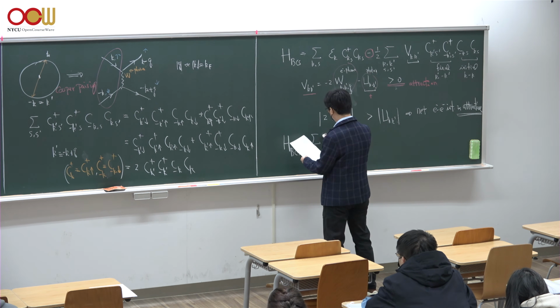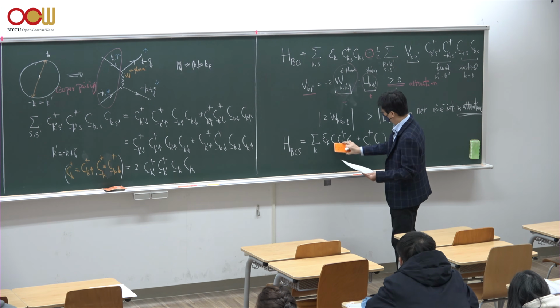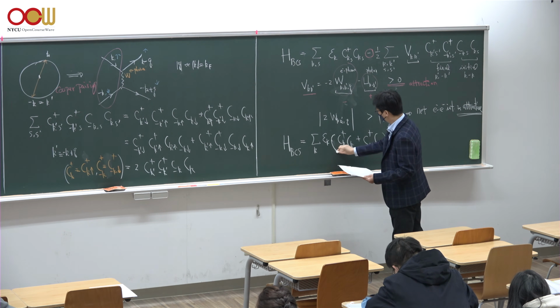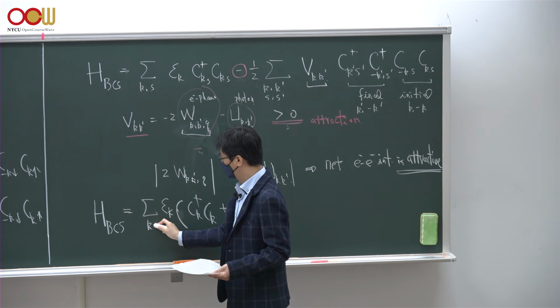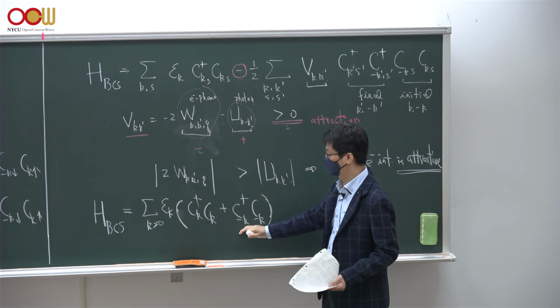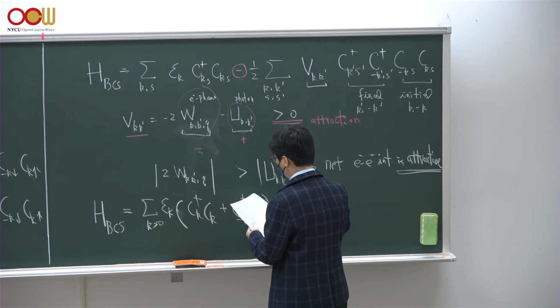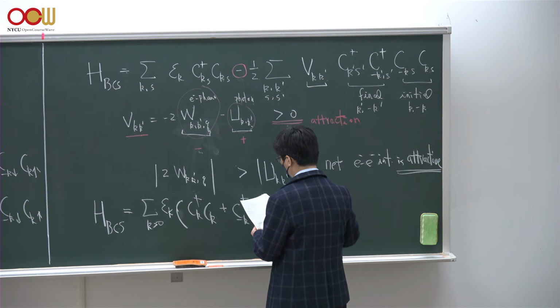If I separate the positive and negative momentum, and I just look at the sum over momentum K, which is positive, then I should repeat the negative energy part one more time. And then this is the attraction.